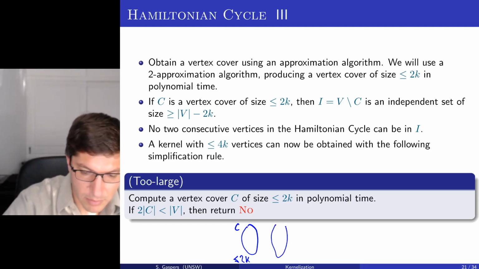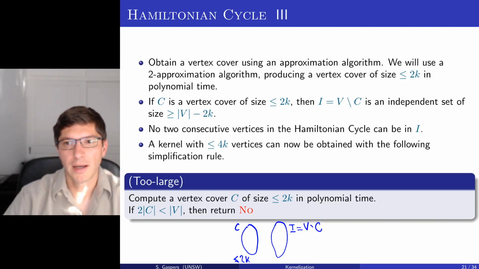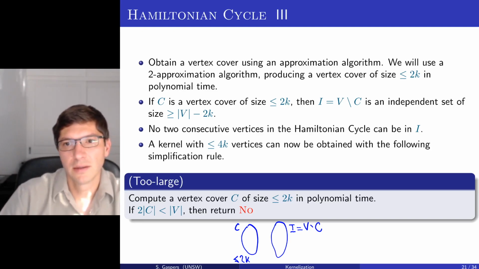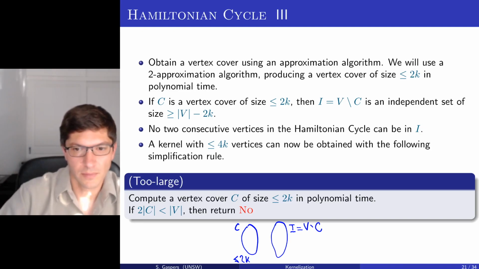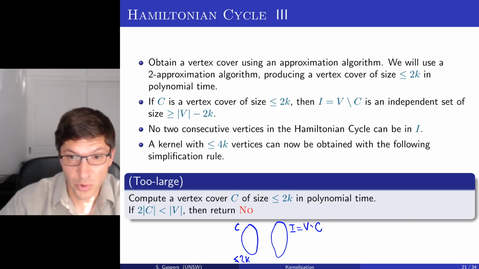Now, the remainder of the graph is an independent set I. And we observe that the Hamiltonian cycle cannot have two consecutive vertices in the independent set. That's why, if the size of I is more than 2k, then we know that we have a no instance.